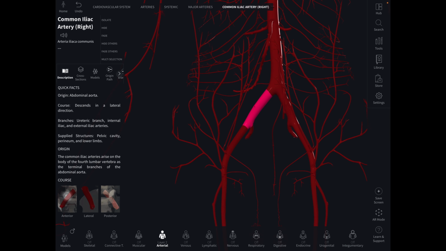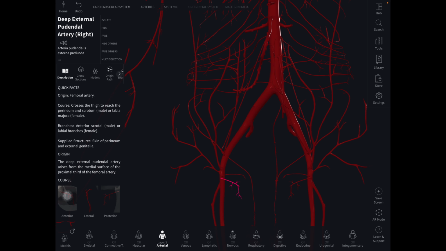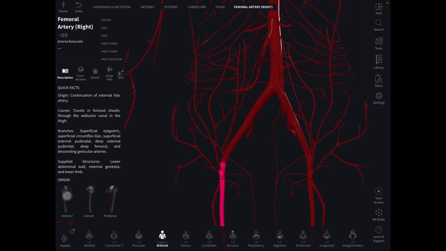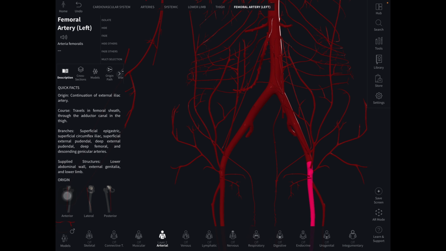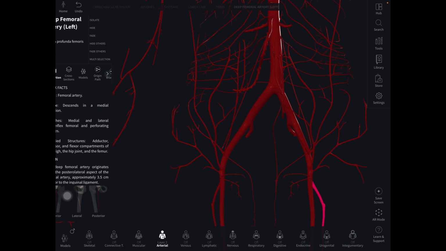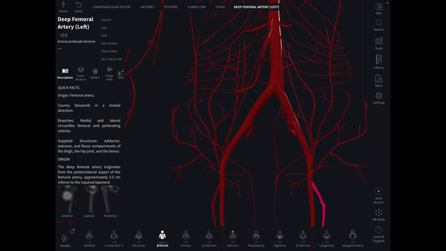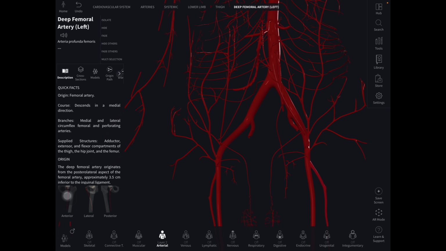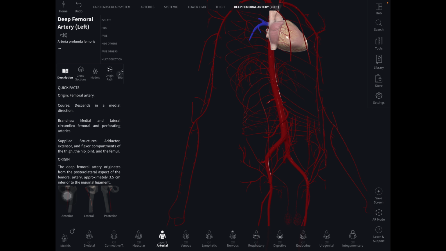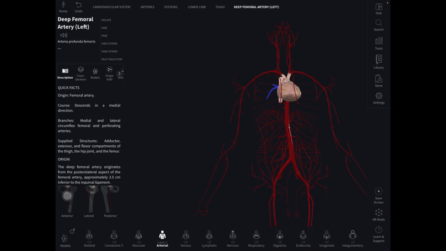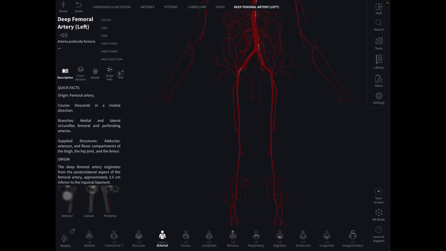This is common iliac artery. And then as we branch down, we have the femoral artery, left and right. This is running down the medial aspect of the leg. And then this is the deep femoral artery. And these are the main blood supply going to the lower portions of the leg.